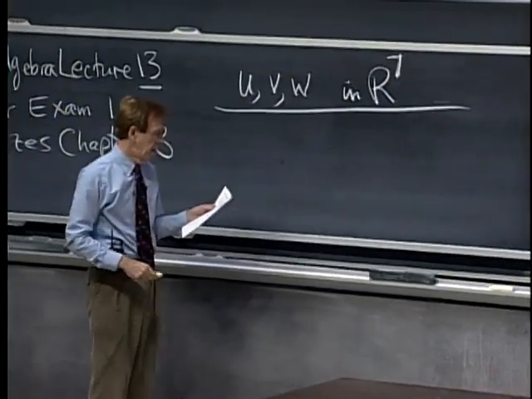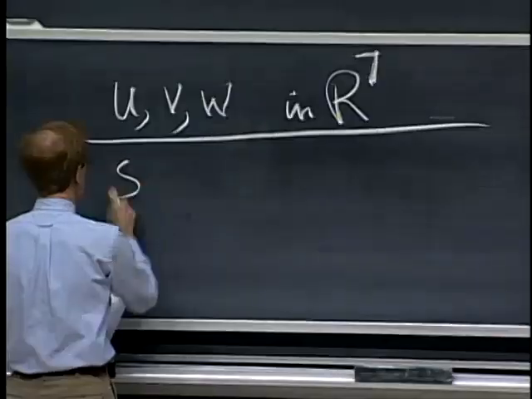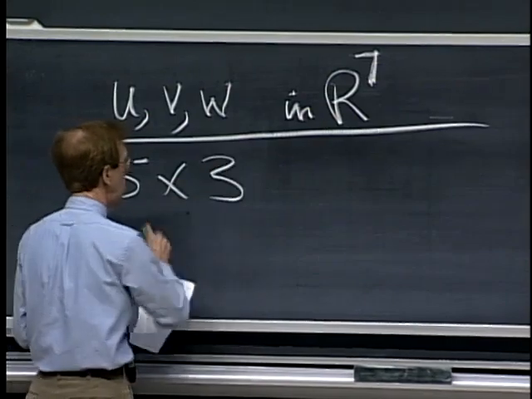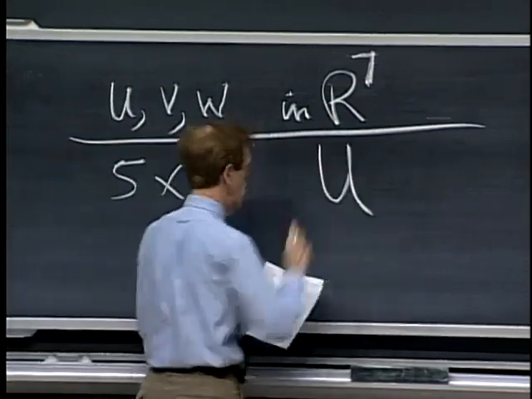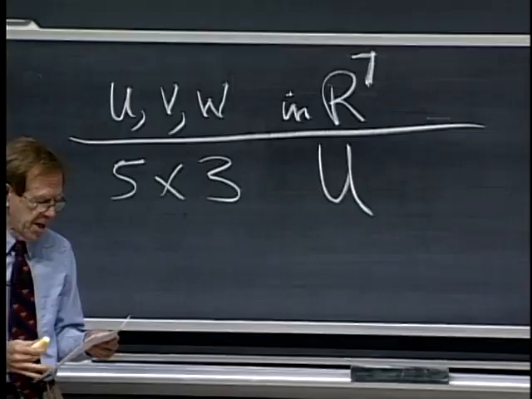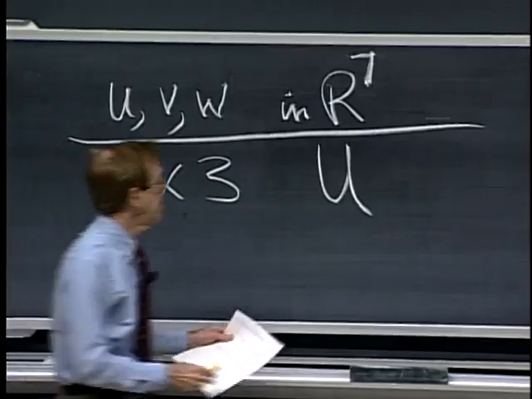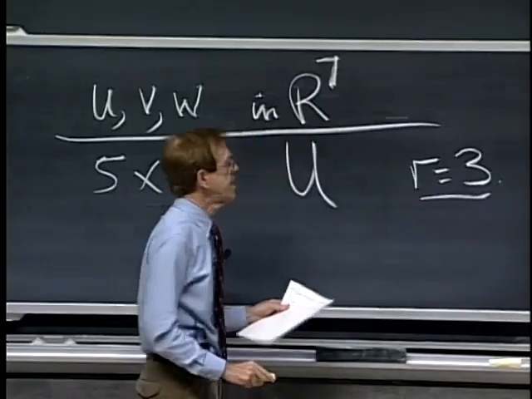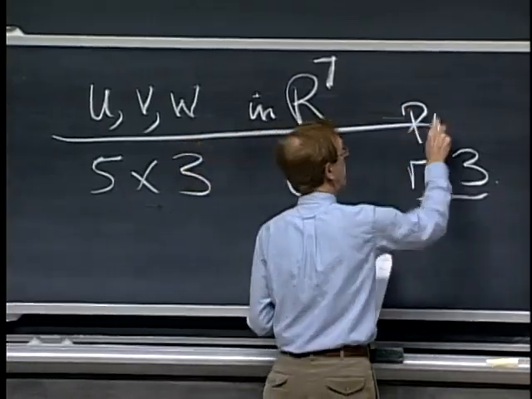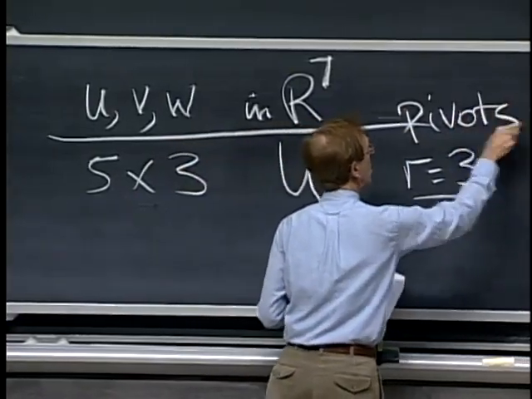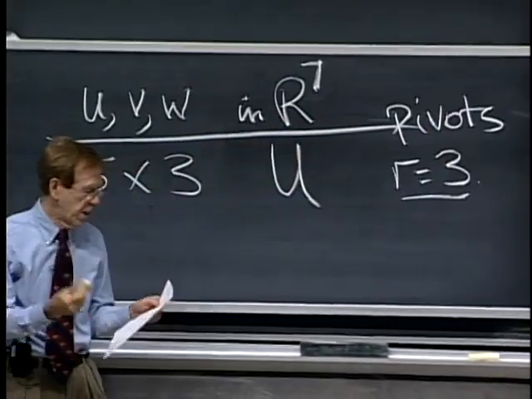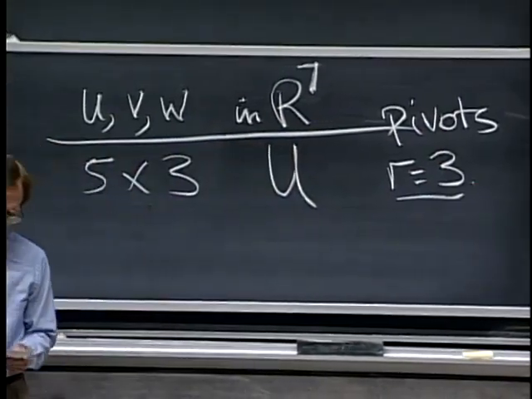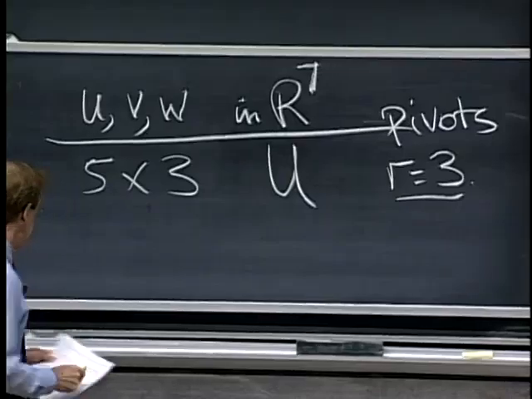Okay. We have a 5 by 3 matrix, and I'm calling it U. I'm saying it's in echelon form, and it has 3 pivots, r = 3. Okay, first question, what's the null space of this matrix U?